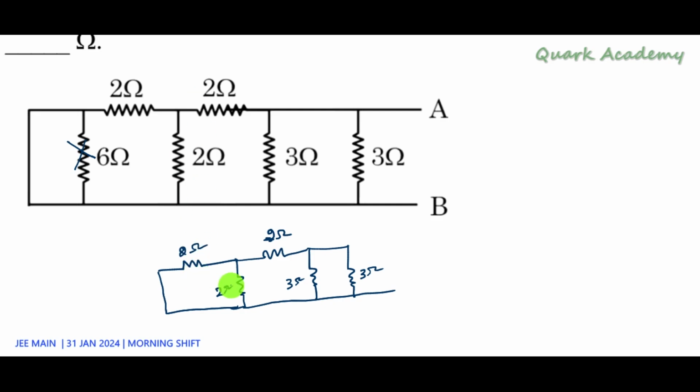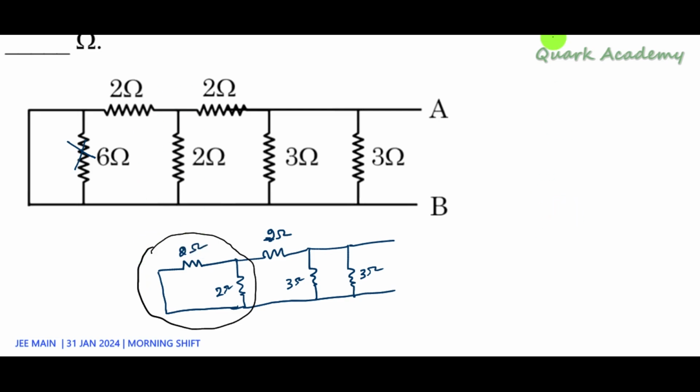So if you look at these 2 ohms, they are in parallel. And if they are in parallel, their effective resistance is going to become 1. So instead of these two resistors which are in parallel, I can replace them with 1 ohm.